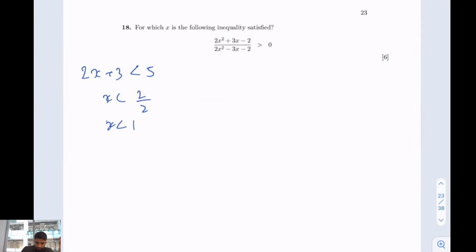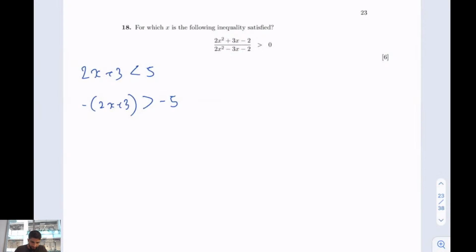So if at any stage there was a minus sign and I wanted to, let's say, times both sides by minus 1, I could have done this, but the sign would need to have changed. When you multiply by a negative number, you know that you've done it and you can just swap the sign.